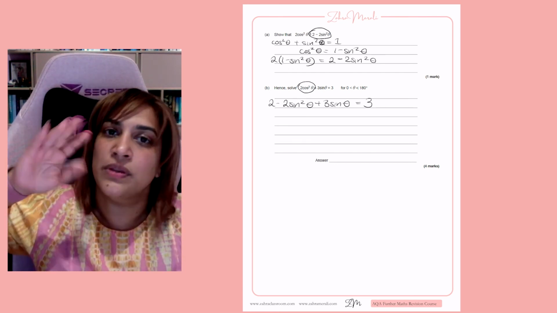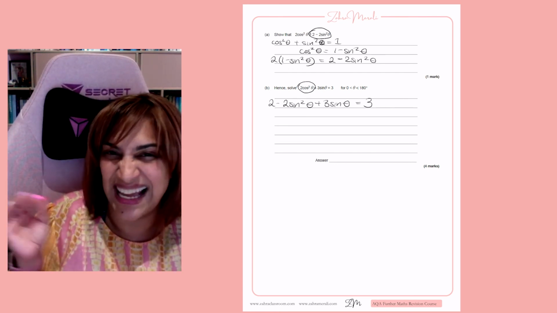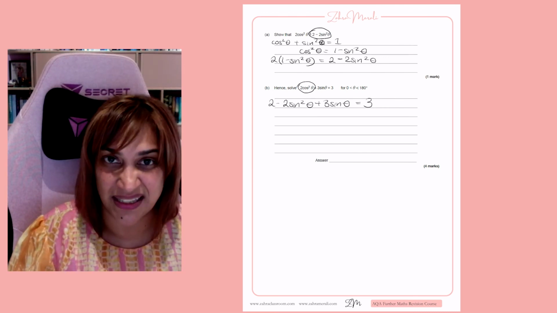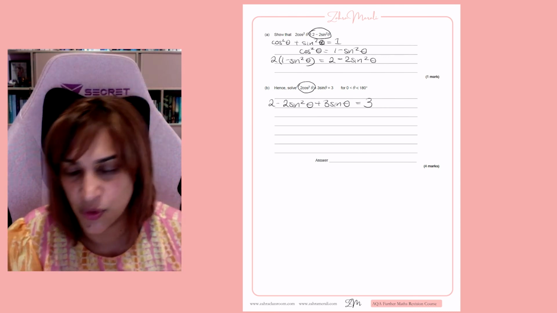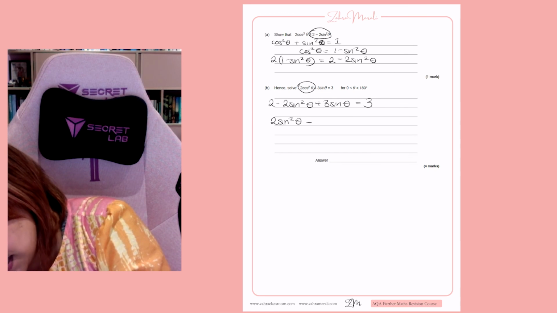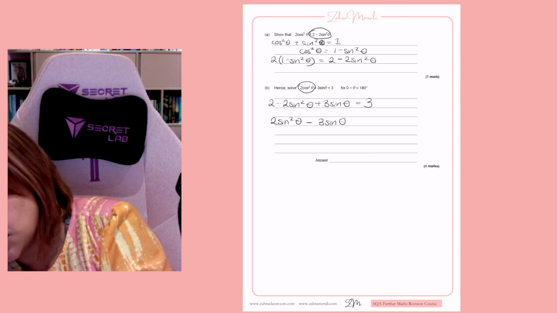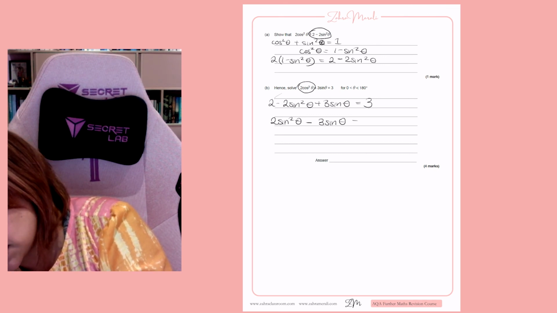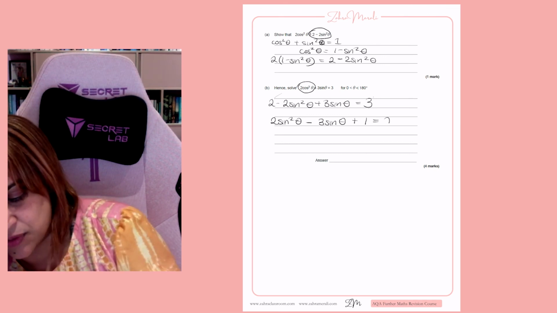It's like the equations that you factorize, and it's hidden with the sines in there. So we get 2 sine squared theta, I'm going to move it to the other side, minus 3 sine theta. 3 minus 2 is 1. So I'm going to move everything this side, plus 1 equals 0.